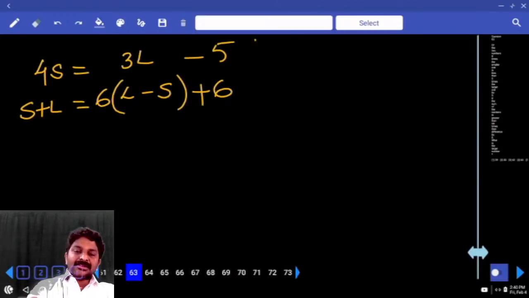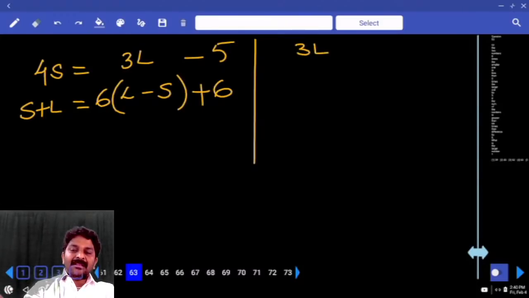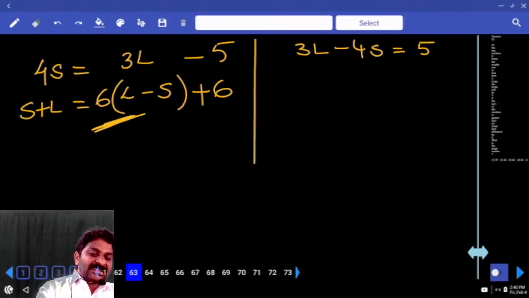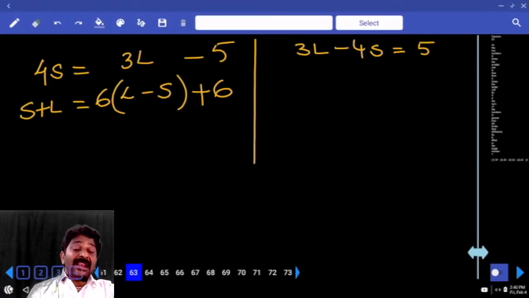Right. So from this first statement, we can say 3L minus 4S is equal to 5. The constant, I am taking minus 5 to the other side, and on the left hand side 4S goes to the right hand side. Now, how much is this? Plus L comes to the left hand side and becomes minus 6L minus L, 5L.